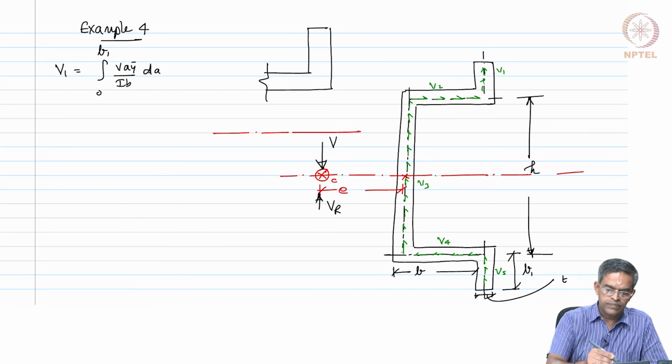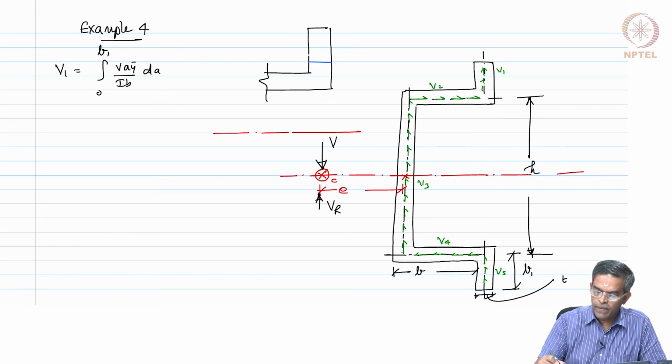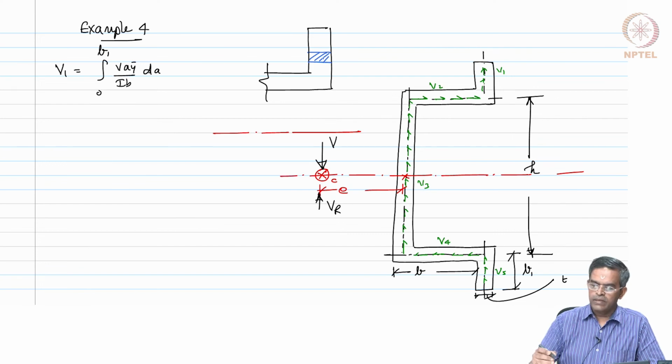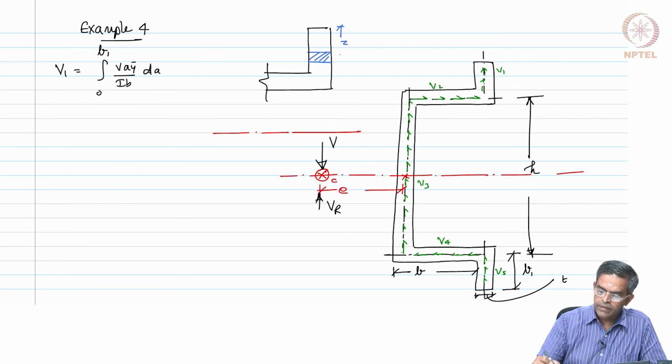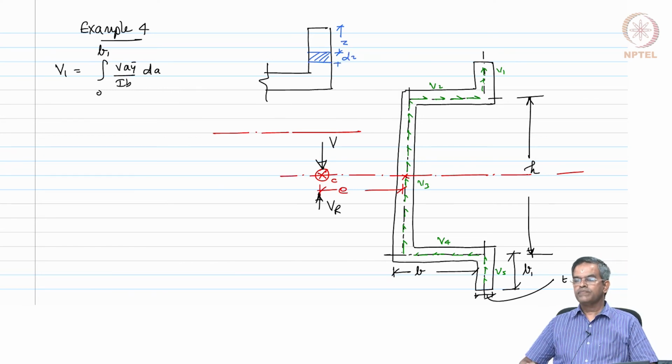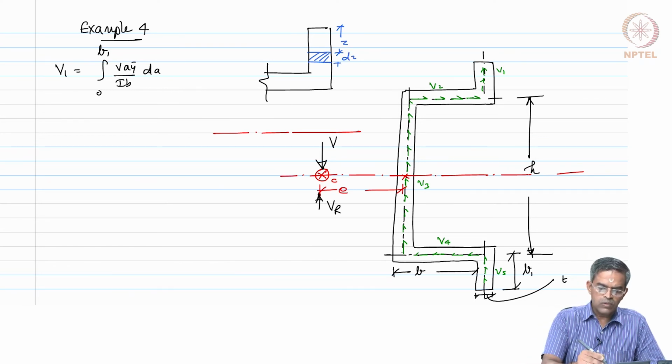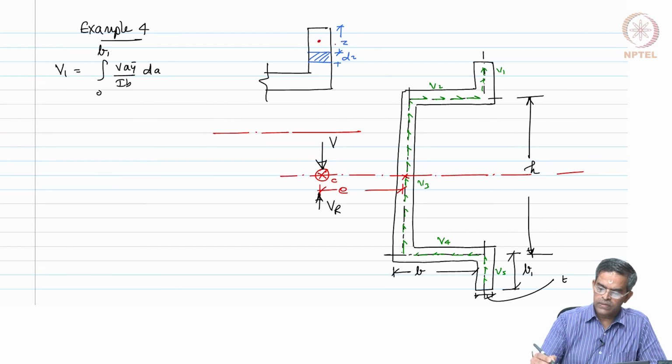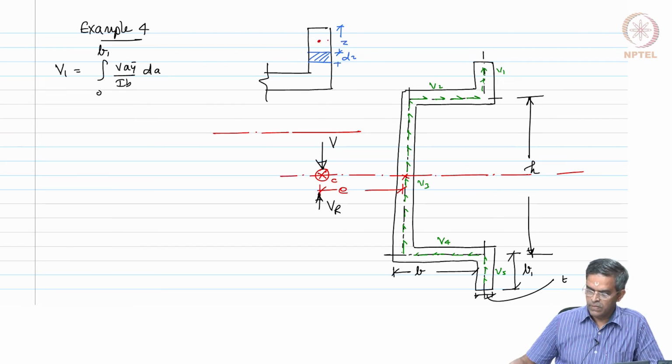We will consider a strip at a distance z from here for a thickness dz, and I want to know the CG of this from here.